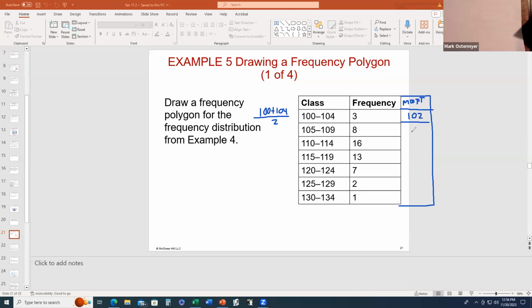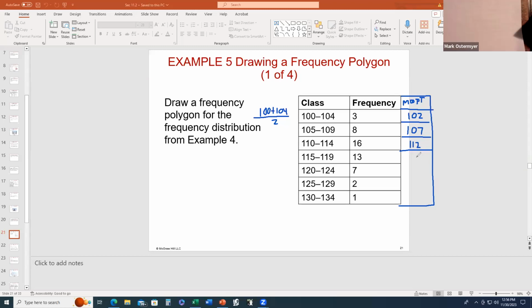What would be the midpoint of the second class? 105 plus 109 is going to afford us 214 divided by 2, which is going to be what? 107. That's the midpoint of the second class, etc. 112 would be the average of 110 and 114.